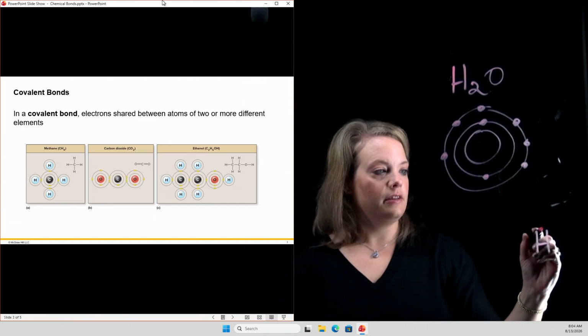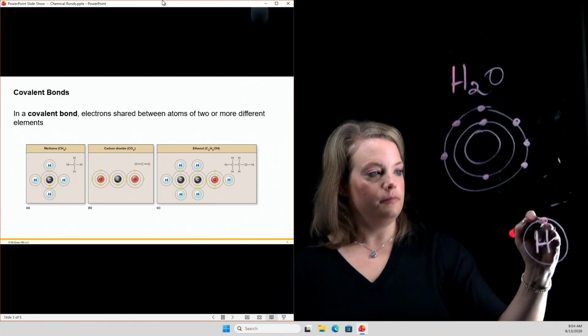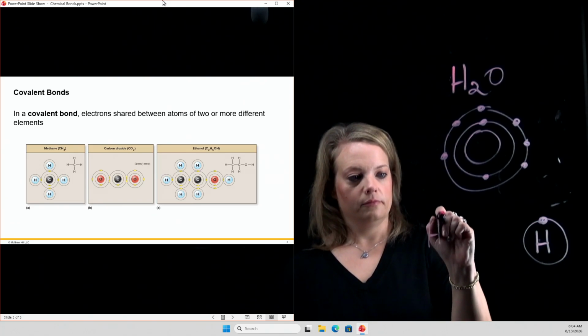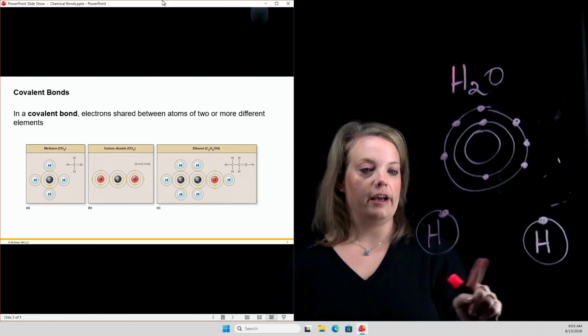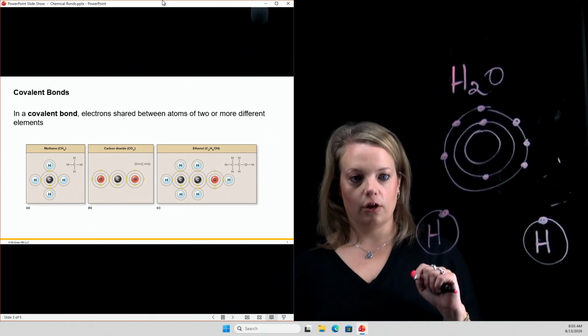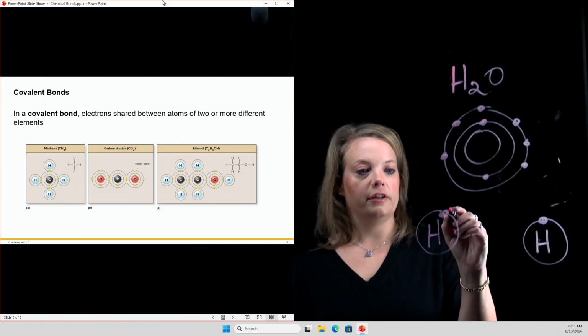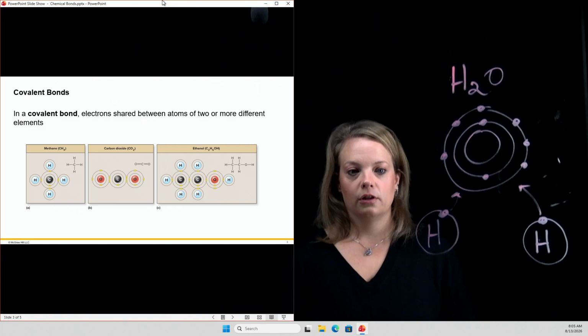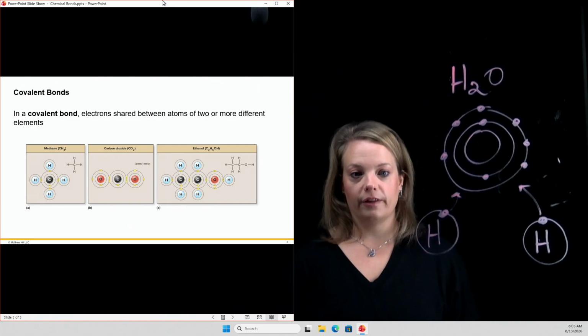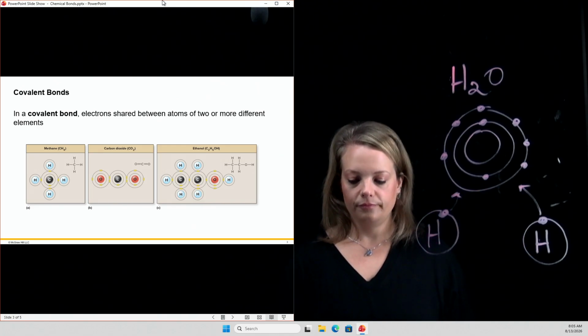Hydrogen, on the other hand, has 1 electron. So since there are 2 hydrogen atoms and they each have 1 electron, this 1 electron can be shared with oxygen in order to make everything in this molecule stable.